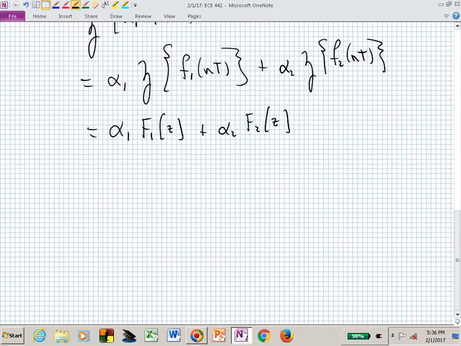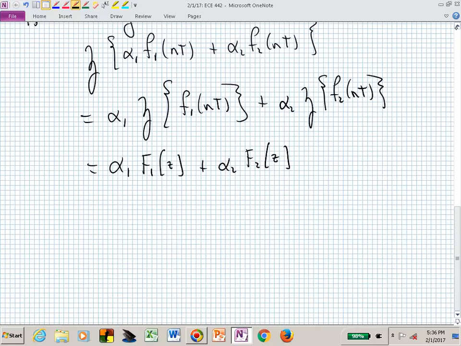Another theorem that you've heard for the continuous time case, and it also has its counterpart in discrete time settings, is convolution.